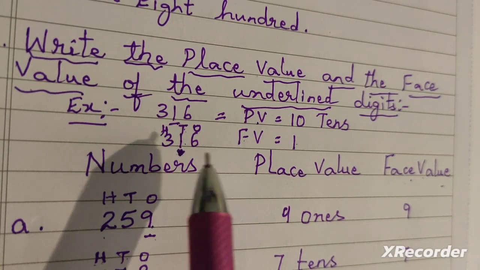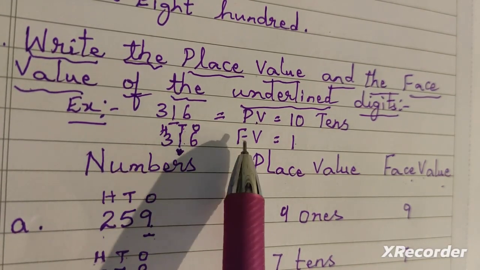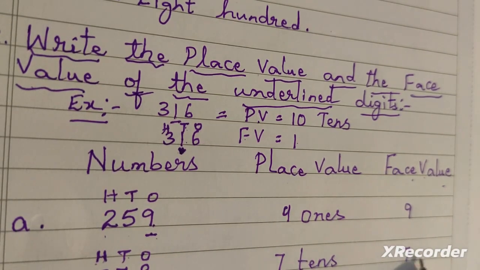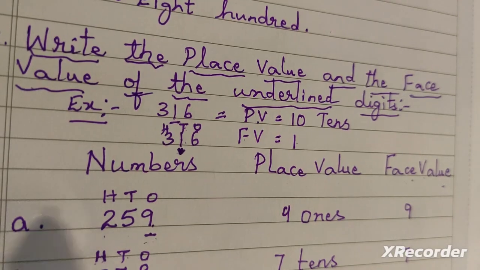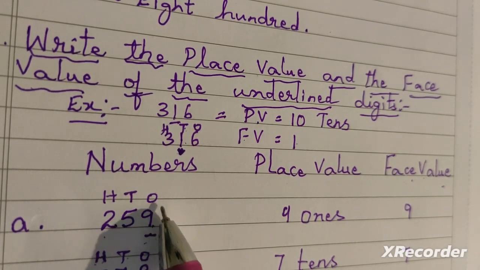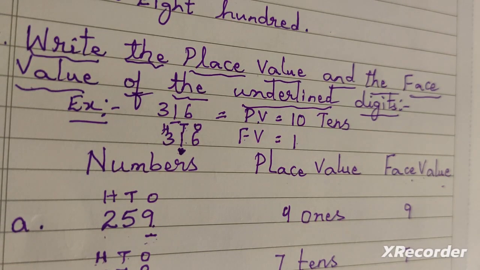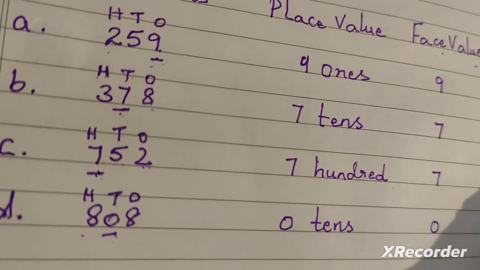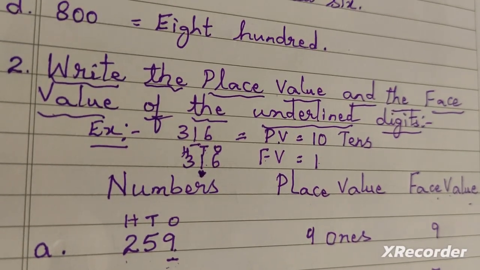You have to just write the place value. Underlined number will be the face value. In which place the underlined number is, that is called the place value. Hope you have understood this main. Try to work out the sums. You can write down any number and you can draw the columns and you can do it.